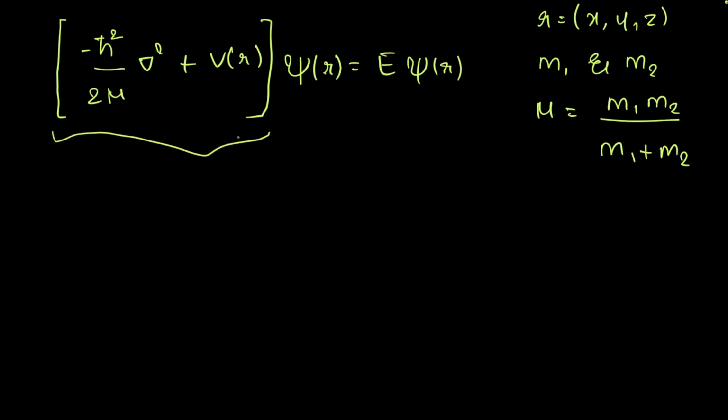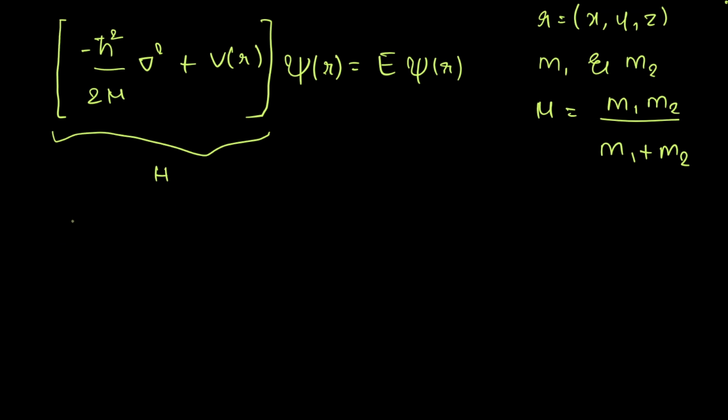This part is called the Hamiltonian H. It operates on the wave function psi of r, which gives an energy eigenvalue E and an eigenfunction psi of r. We use this Schrodinger equation to seek the solution in terms of a single variable.